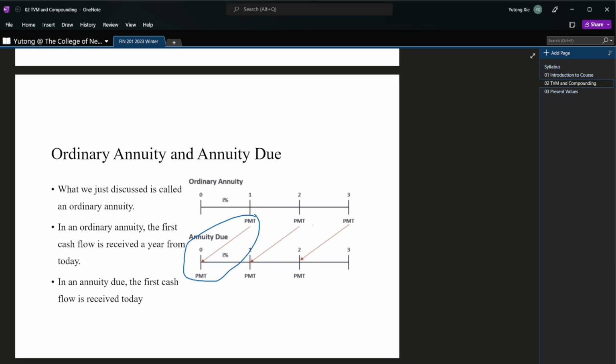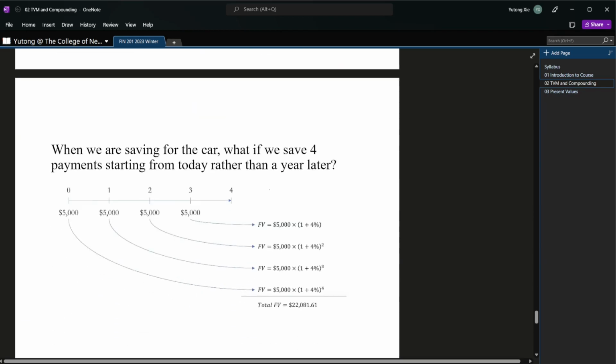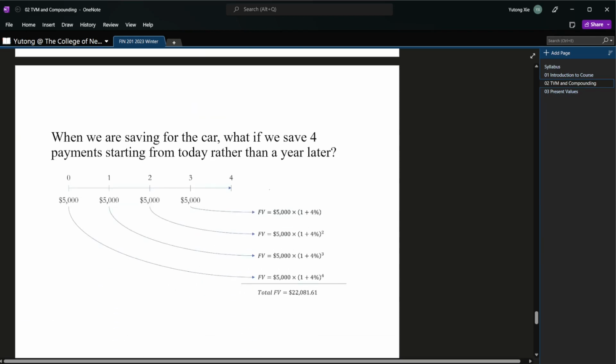Okay, so how does this factor into our future value calculation? If you take a step back and look at the cash flow timeline, you're going to see that we have $5,000 received at the beginning of each year, so every $5,000 is shifted 1 period back.